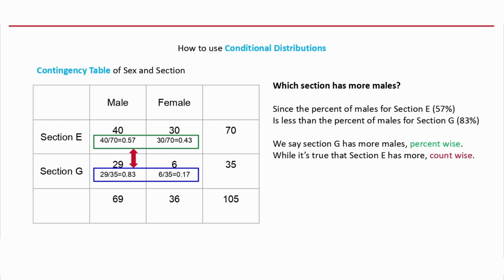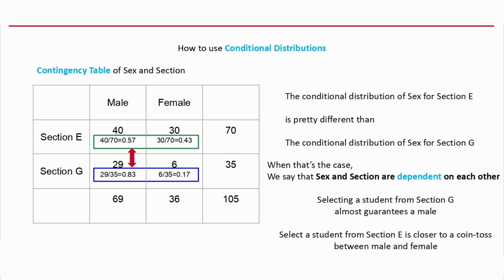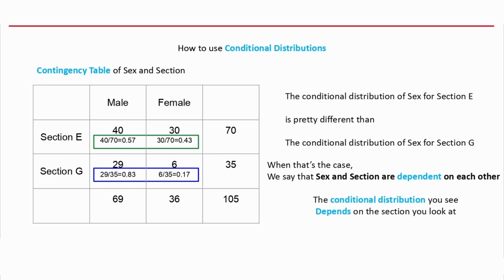Now, if you just look at the conditional distributions of sex for both sections, they are quite different. Section E is almost a 50-50 balance, while section G is overwhelmingly male. These conditional distributions are different, and when that happens, we say that the two variables, sex and section, are dependent on each other, because the conditional distribution you see depends on the section you look at.